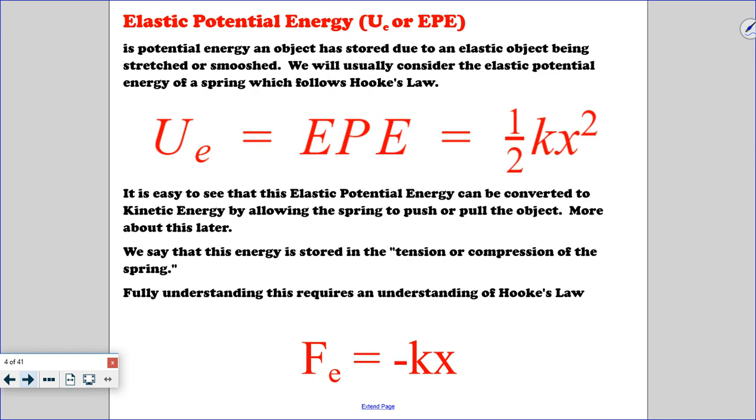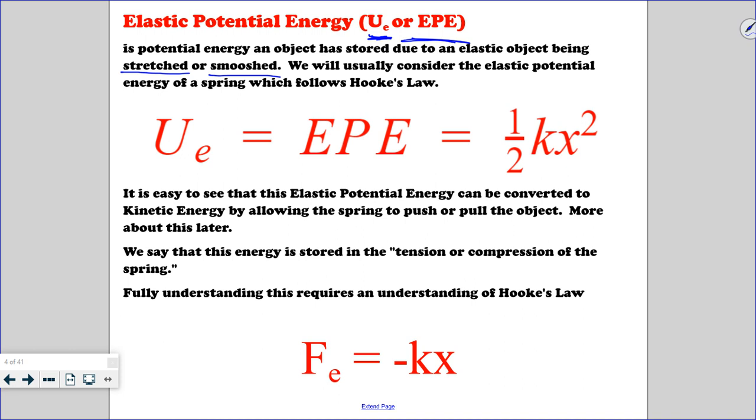All right, so another type of potential energy, elastic potential energy. I'll usually use E to represent elastic, okay? Elastic potential energy is potential energy that an object has stored due to an elastic object being either stretched or smooshed. The physicsy term for this would be placed under tension or placed under compression.